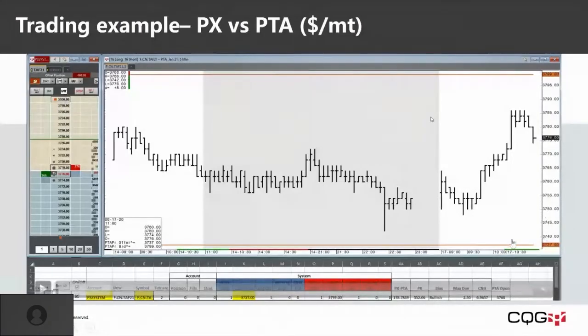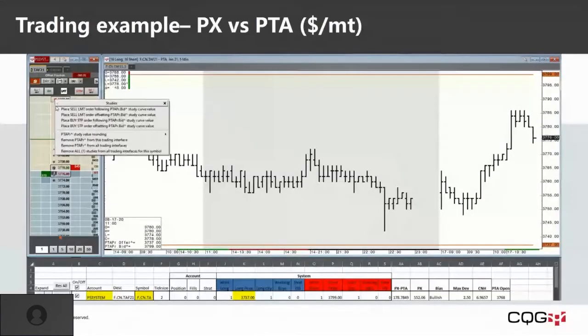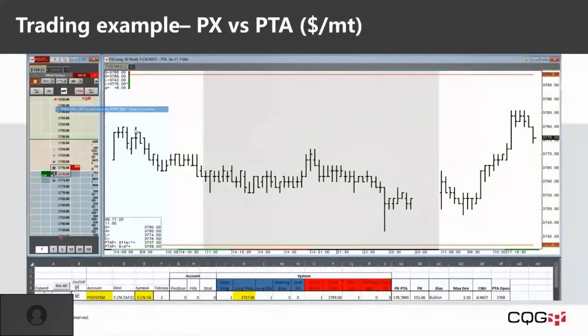Essentially we're telling CQG which levels we want to display on our chart, feeding via Excel, and then from the chart we display those levels onto our ladder. From the ladder itself, we simply right-click onto those prices and place the orders.